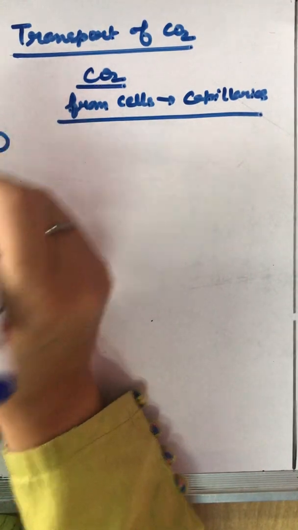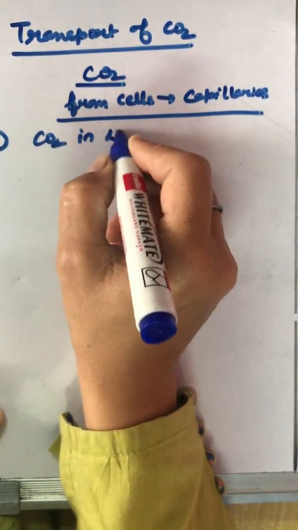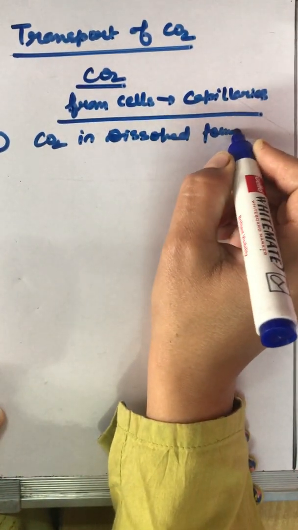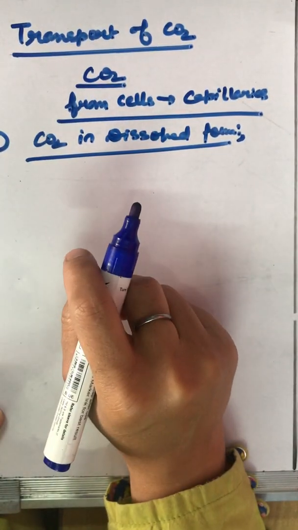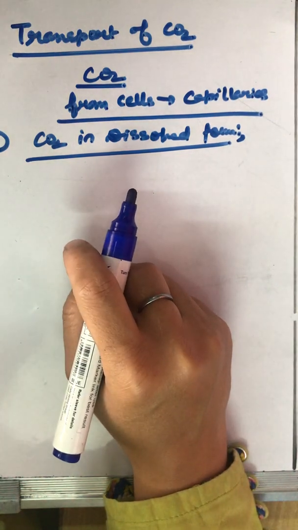The first is transport of CO2 in dissolved form. See, this gas is released along with water and energy during oxidation, right?